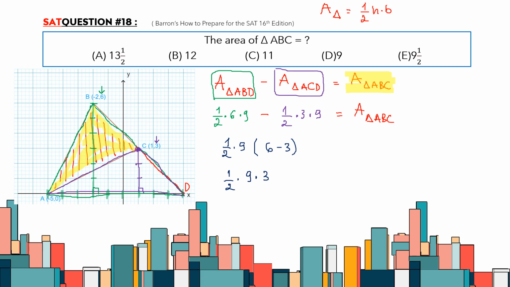So that will be 27 divided by 2, and that will give us 13.5 or 13 1/2. So either 13.5 or 13 1/2 as a mixed number will be the area of triangle ABC.